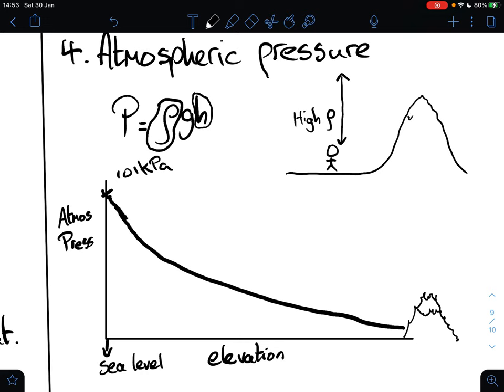Go to the highest of mountains, and you've got low pressure, low density, and to get to space, you've got less height, like so. So this is why at the top of Mount Everest, it's really hard to breathe. There's very low oxygen density. The pressure on you is very low.